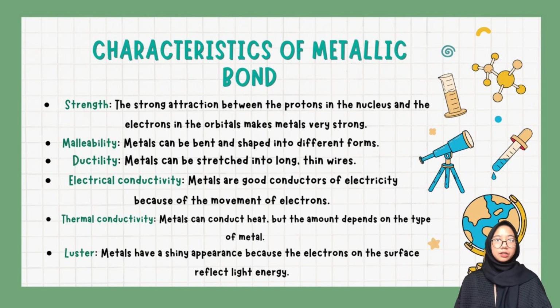Then electrical conductivity. Metals are good conductors of electricity because of the movement of the electrons. Next is thermal conductivity. Metals can conduct heat, but the amount of heat depends on the type of metal. Next is luster. Metals have a shiny appearance because the electrons on the surface reflect light energy.